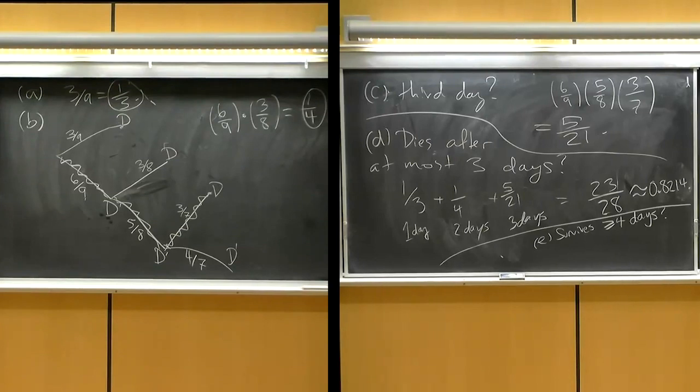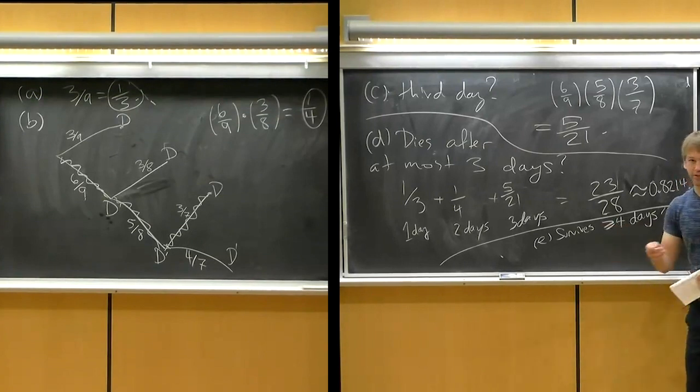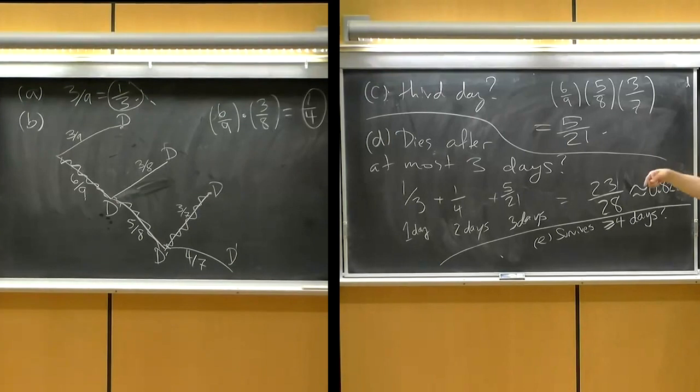Because, you know, in principle, you could say, what's the probability of surviving exactly 4 days, exactly 5 days, exactly 6 days, and adding all those things up. But that's going to be longer.